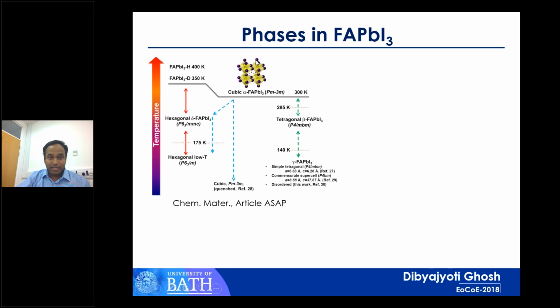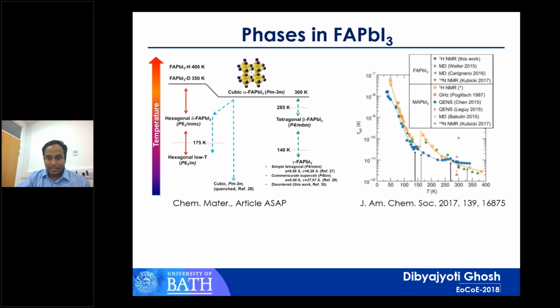Also, you can have cubic and tetragonal formamidinium lead iodide. Interestingly, it has recently been found that depending on the temperature of the formamidinium lead iodide in its perovskite phase, the cation dynamics also can change a lot.